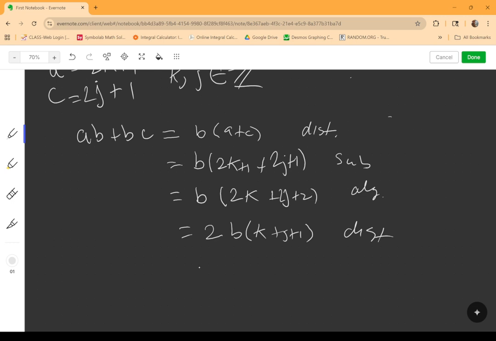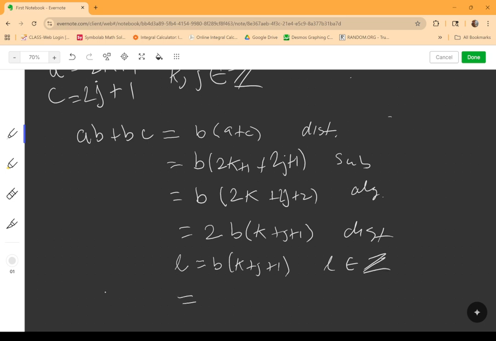And then these are all integers: K, J, 1, and B. Some product of integers is also an integer, so I'll let L be B times the quantity K plus J plus 1. And L is an element of Z by the nature of the integers.